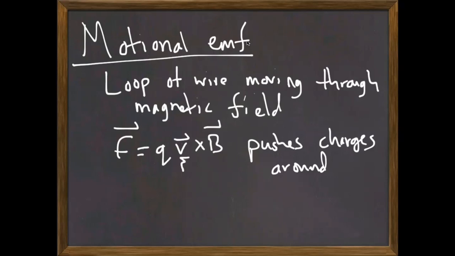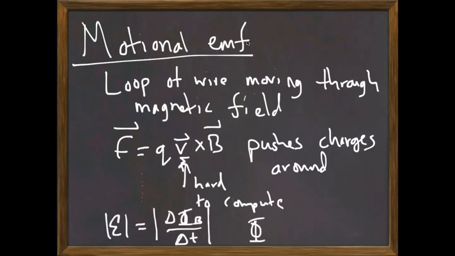That means they have this Lorentz force, this magnetic force qv cross B, and that force can push charges through a circuit.